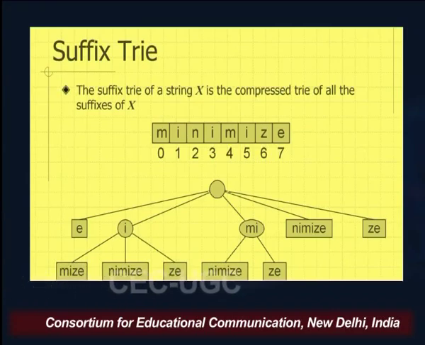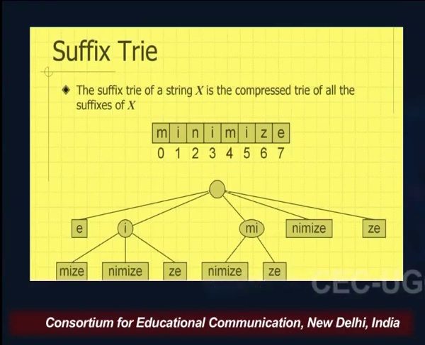Now, coming to the next one, which is MIZE. MI is common in MIZE and in MINIMIZE, so MI is the common prefix. From MI, one branch goes to ZE, and one branch goes to NIMIZE.